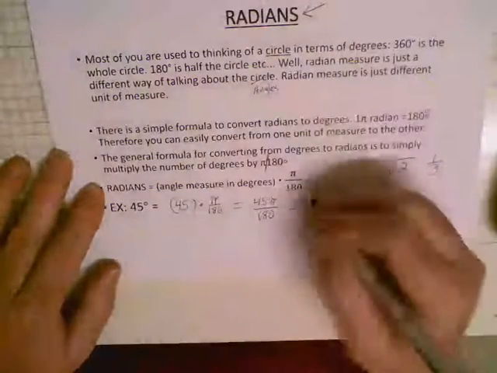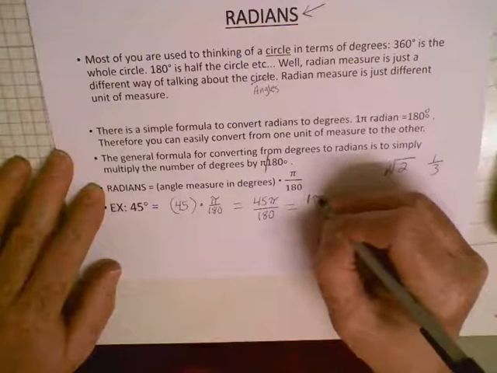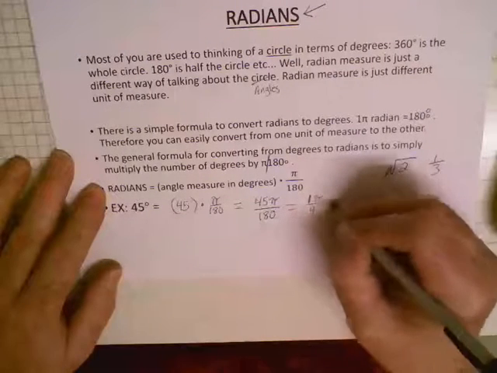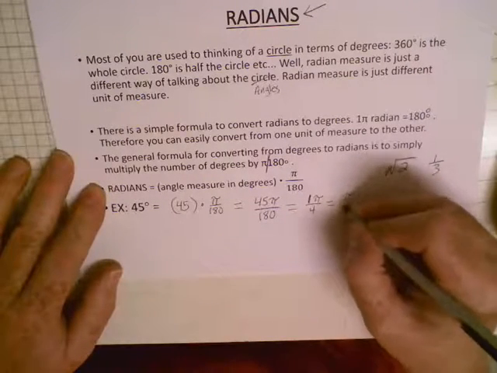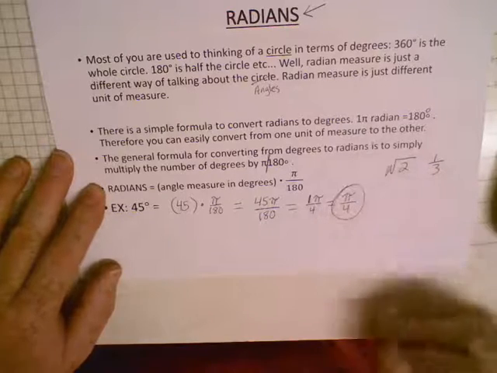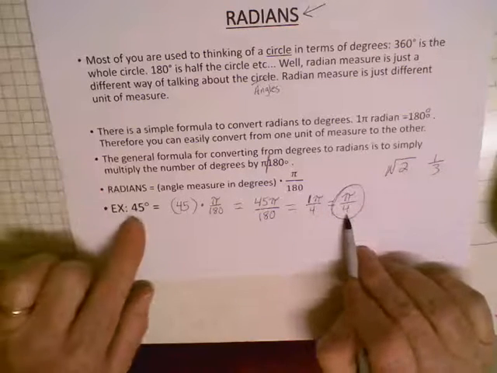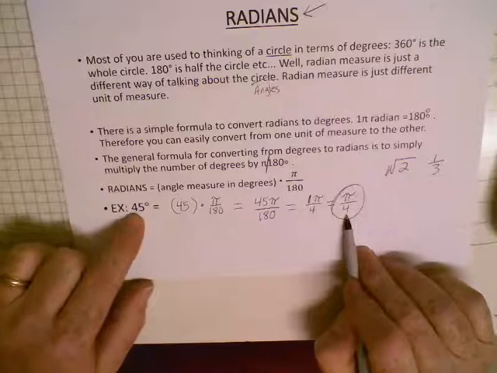So what this reduces to is 1 times pi over 4, or just pi over 4. That's how many radians a 45 degree angle is.